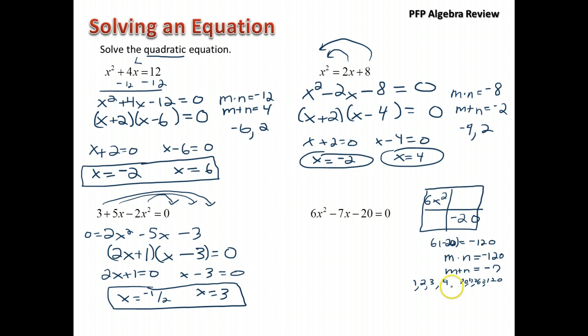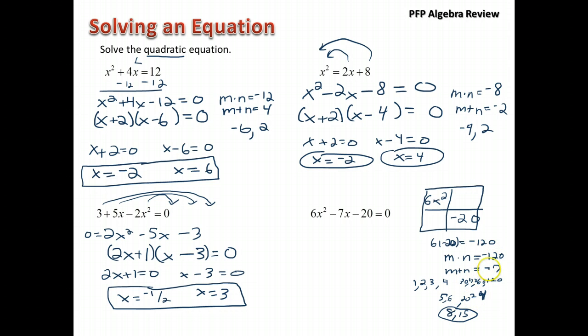Oh no, wait, 5 and 24. 6 and 20. We need them to combine to be a 7. So we need to keep going. And it's going to be 8 and 15. Sorry. Finally got there. There are a few other factors, but these are the ones that will combine to be a 7.